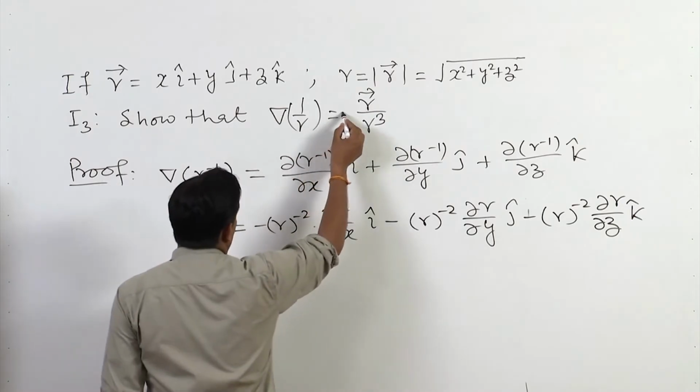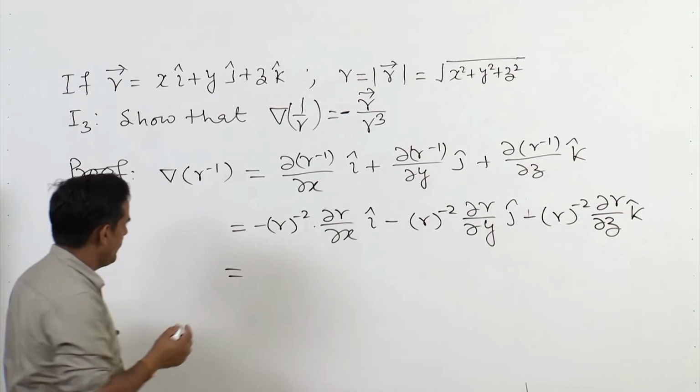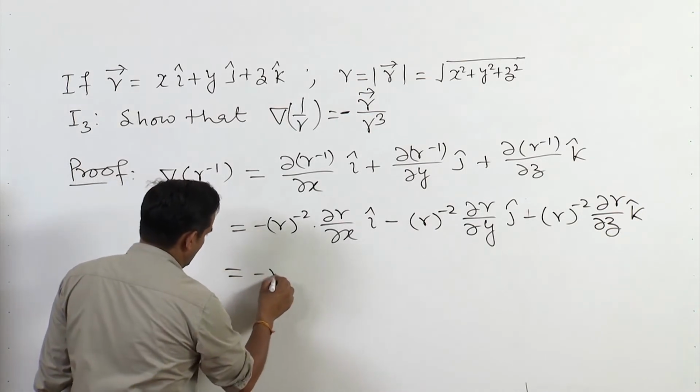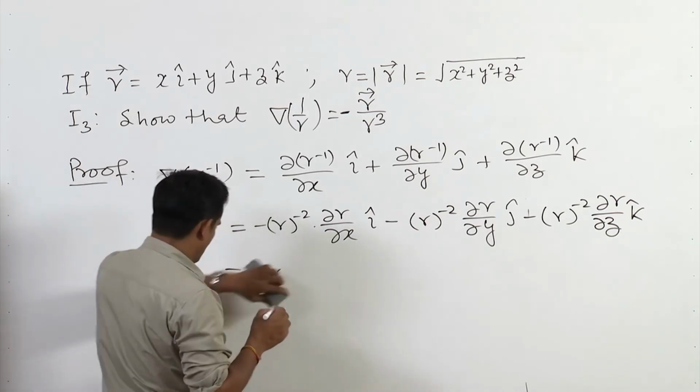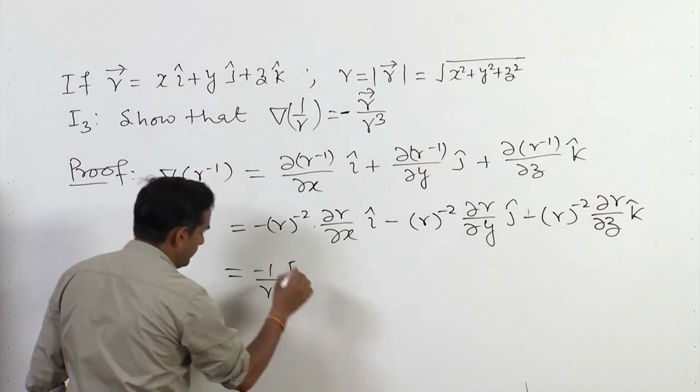So now if I take minus 1 upon r square out.